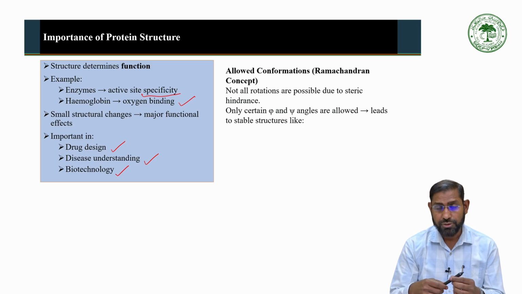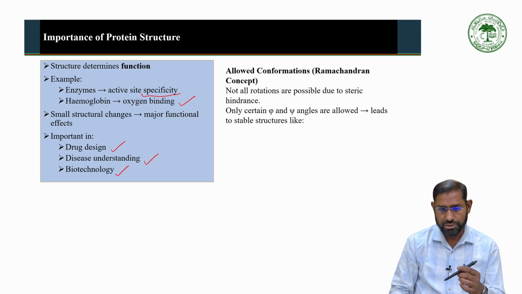It is also important to know that not all rotations are possible due to steric hindrance, and only certain values of phi and psi angles are possible for alpha or beta conformations of the proteins and other conformations.